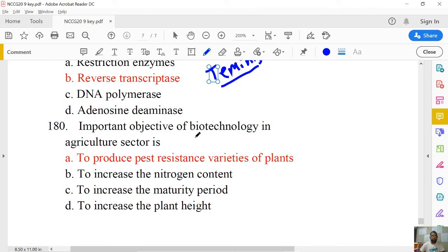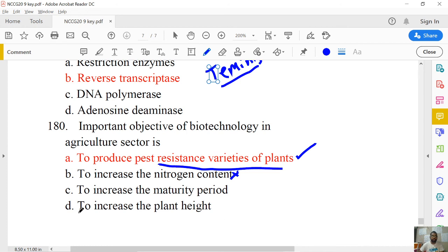What is an important objective of biotechnology in the agriculture sector? To produce pest resistant varieties is one of the important objectives. Increase nitrogen content: nitrogen content cannot be increased, so it's the wrong one. Increase maturity period: actually, we try to decrease the maturity period, not increase it, because the faster the plant or animal reaches maturity, the faster you get the product.